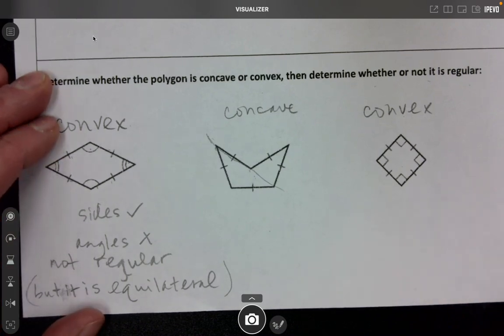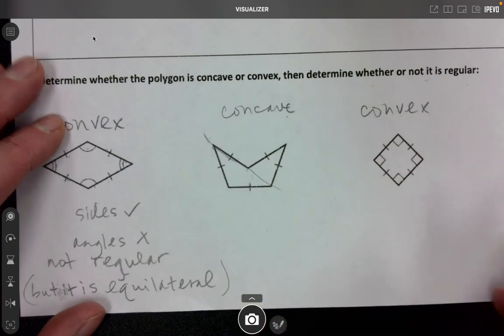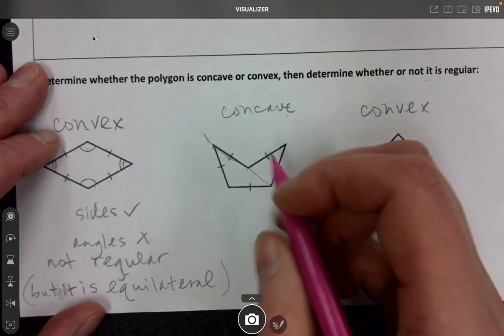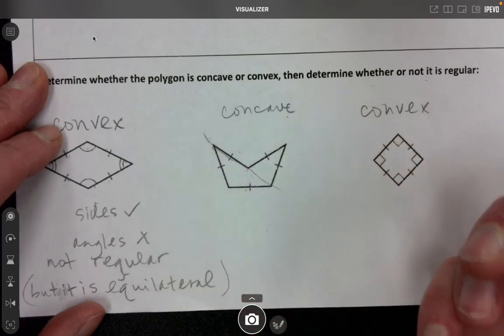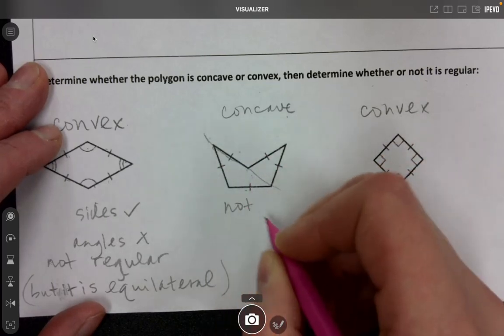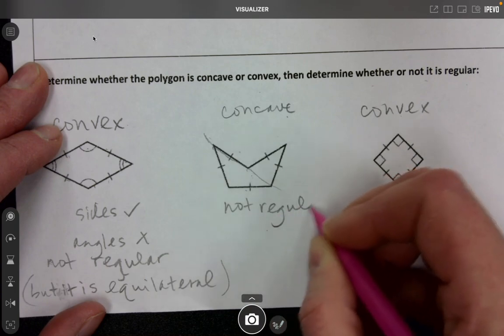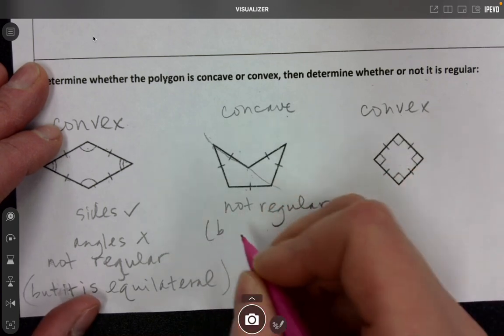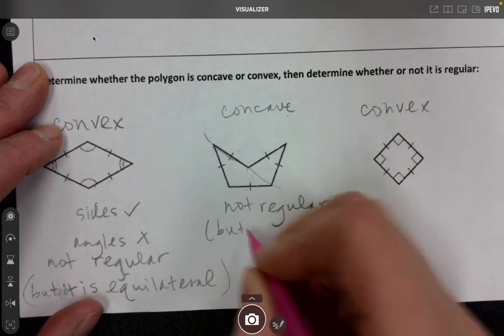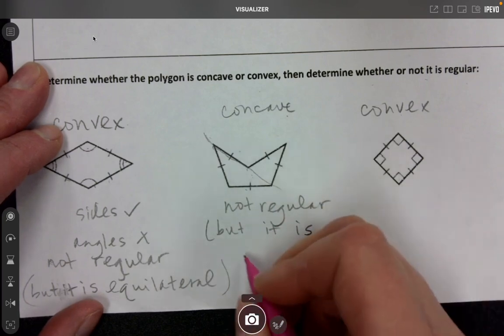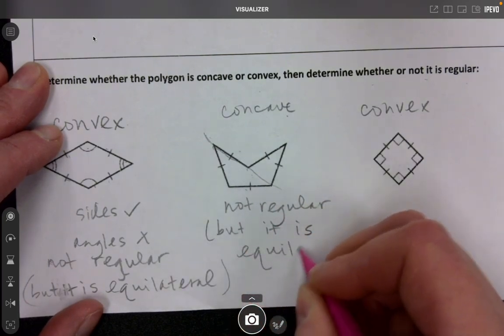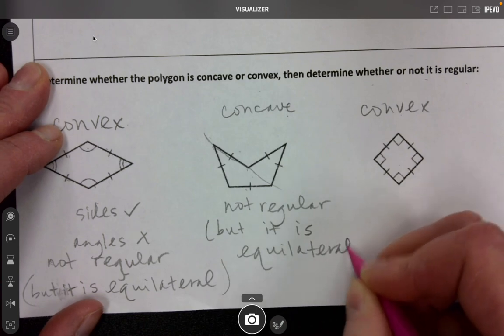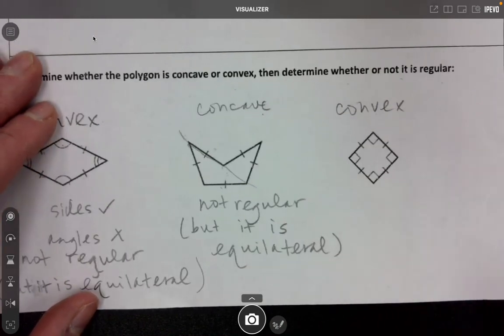Okay. On the next one, if it's concave, we're not going to have all sides and angles equal anyway, but we do have all equal sides on this. So it's going to be not regular, but again, it is equilateral. Always lots of vocab in geometry. So the last one, let's take a look.